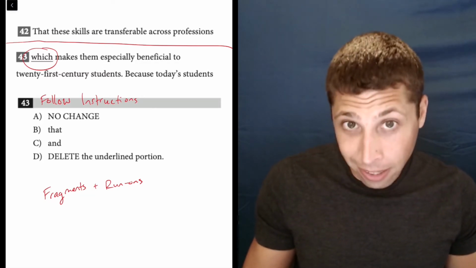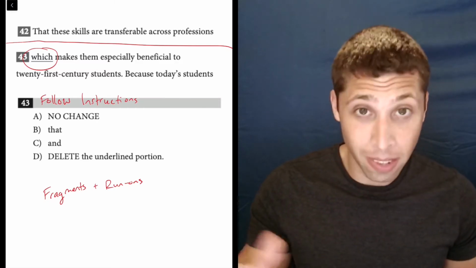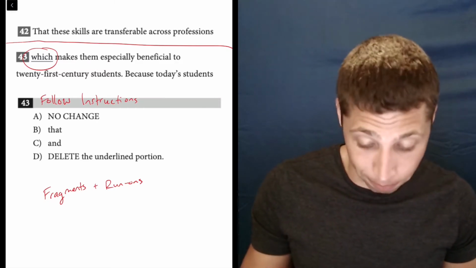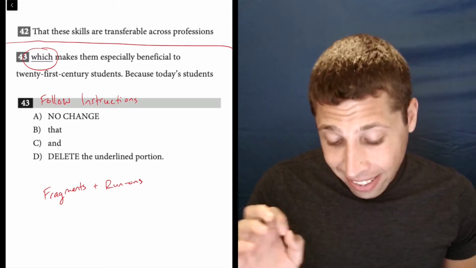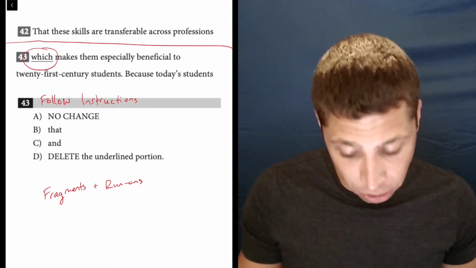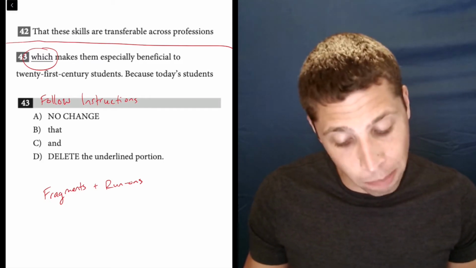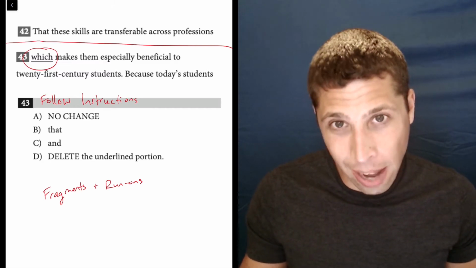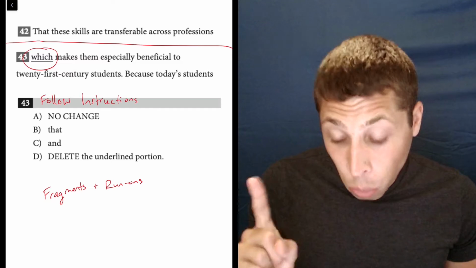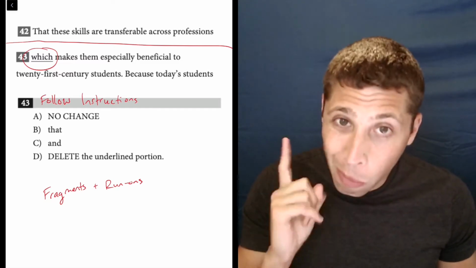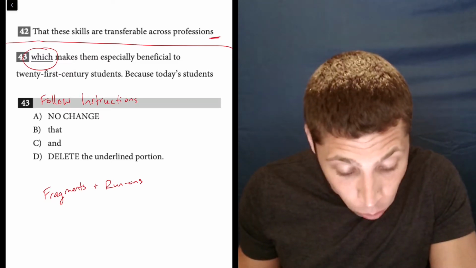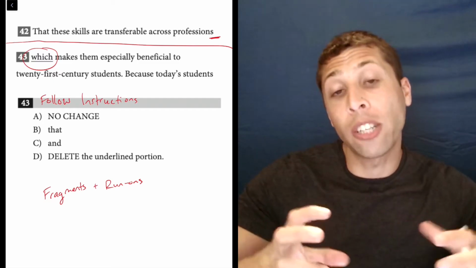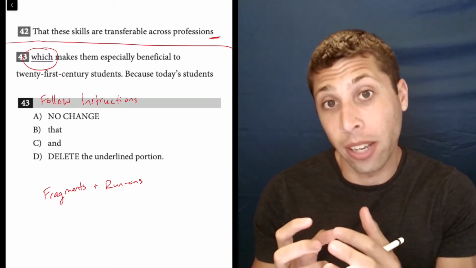But we have to read the full sentence. Let's read it with choice A in there. "That these skills are transferable across professions, which makes them especially beneficial to 21st century students." It sounds weird. Plus, the word "which," we almost always get a comma right before it when we're using it to attach an extra clause to a sentence.